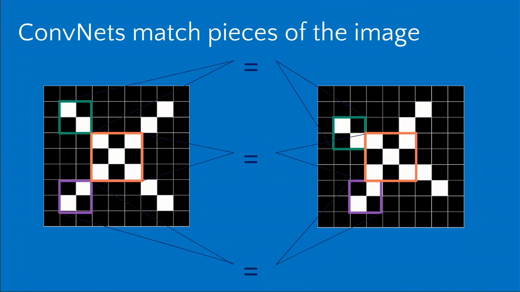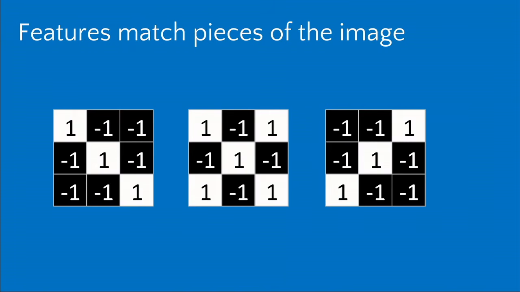One of the tricks convolutional neural networks use is that they match pieces of the image. You can look at these pieces and shift them around a little bit, but as long as the tiny bits still match, then the overall image is still considered a pretty good match. These tiny bits might look like this. We'll call them features.